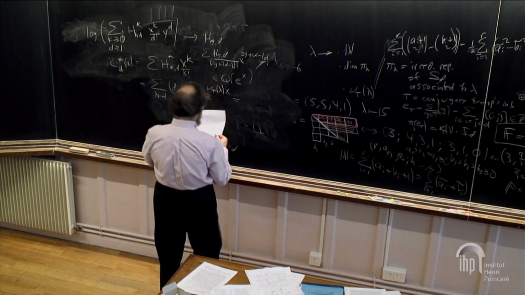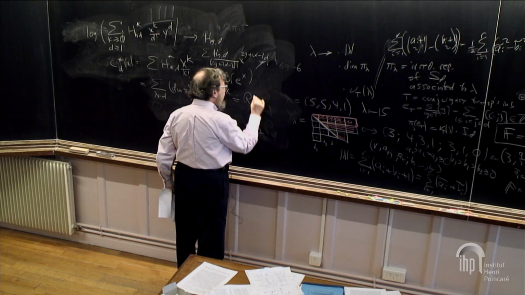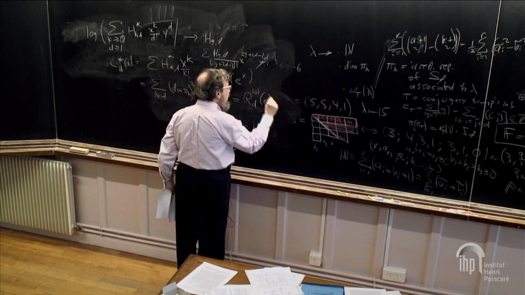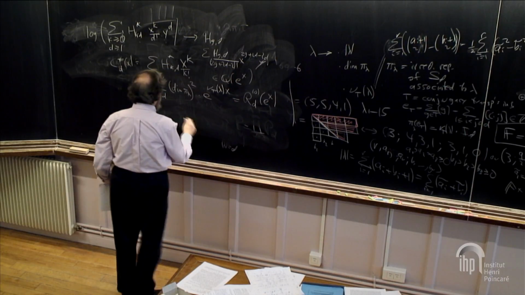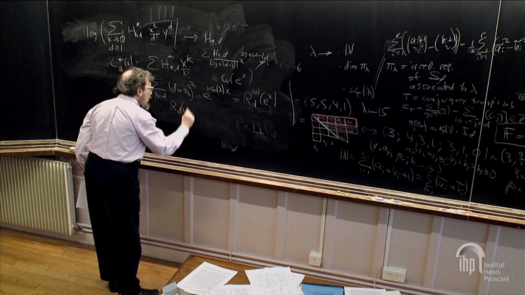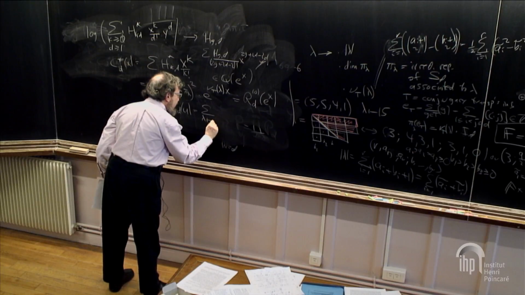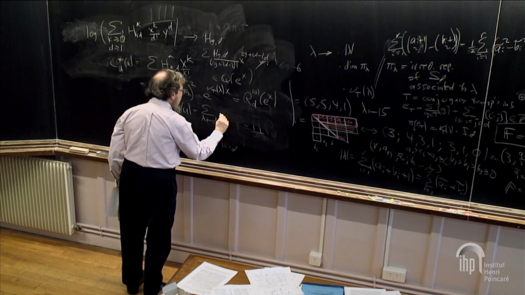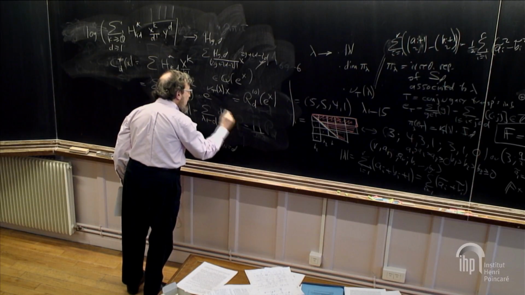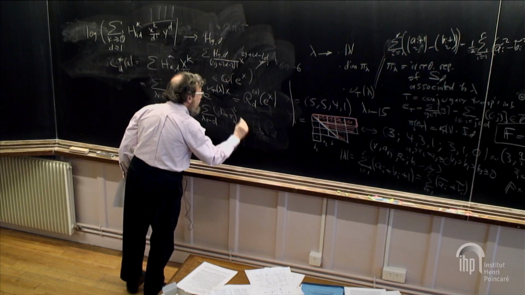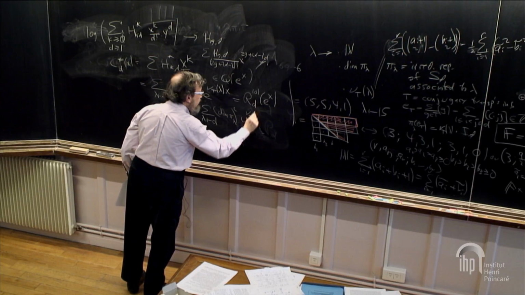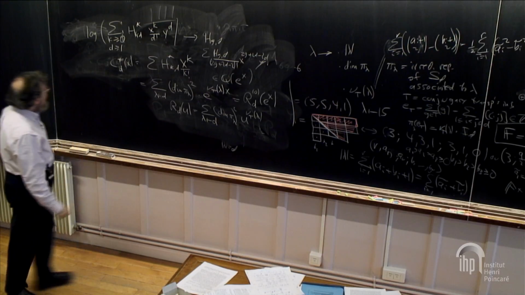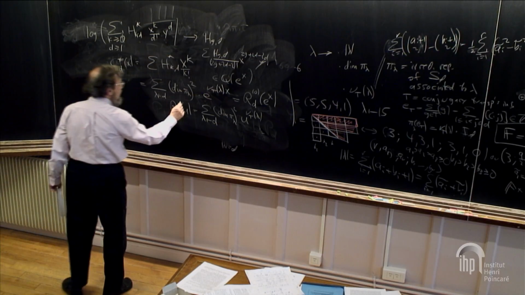It doesn't really matter. I'll call this RD for genus 0 of e to the x. So RD of u would be the sum, it's a finite sum, over partitions of D of this complicated dimension squared, times u to the power mu t of lambda. Okay, this is, let's say, for genus 0.